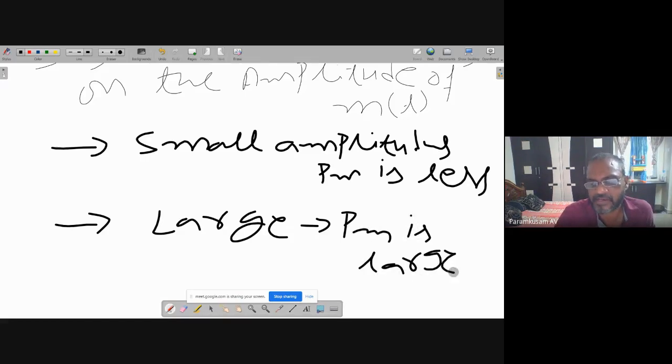So what happened? The signal power, that is Pm, is varied according to the amplitude of the signal. So the signal to noise ratio is not constant for all the amplitudes of the signal. Its value is less at small amplitudes and more at large amplitudes.